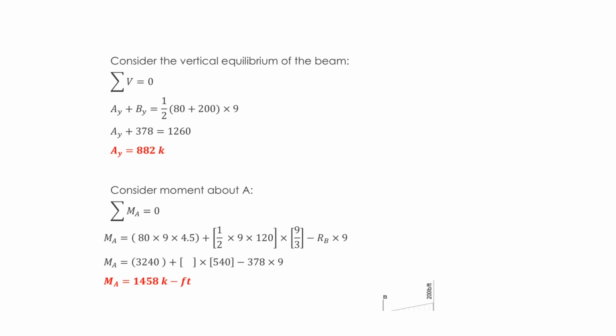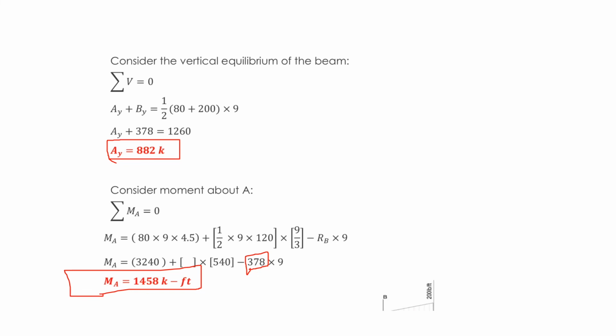Then consider the moment about A. So MA equal to 0, and MA equal to 80 times 9 times 4.5 plus 0.5 times 9 times 120 times 9 over 3 minus RB times 9. So we substitute the RB value of 378 here, and we got 1458 kips feet.